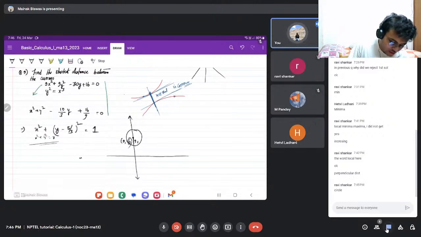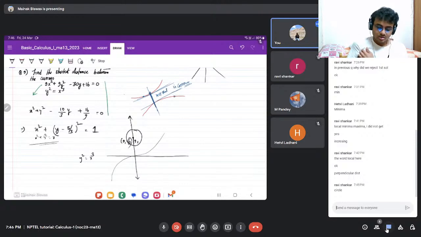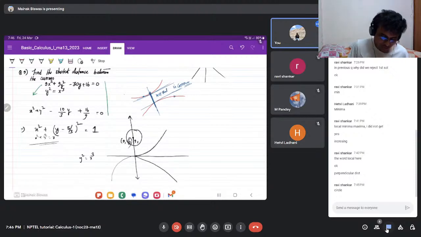And you have y square is equal to x cube. So x cube curve is like this. And I told you if you are taking square on the y side, you take reflection about the y axis. Remember that? So even for y negative, you would have the same value.